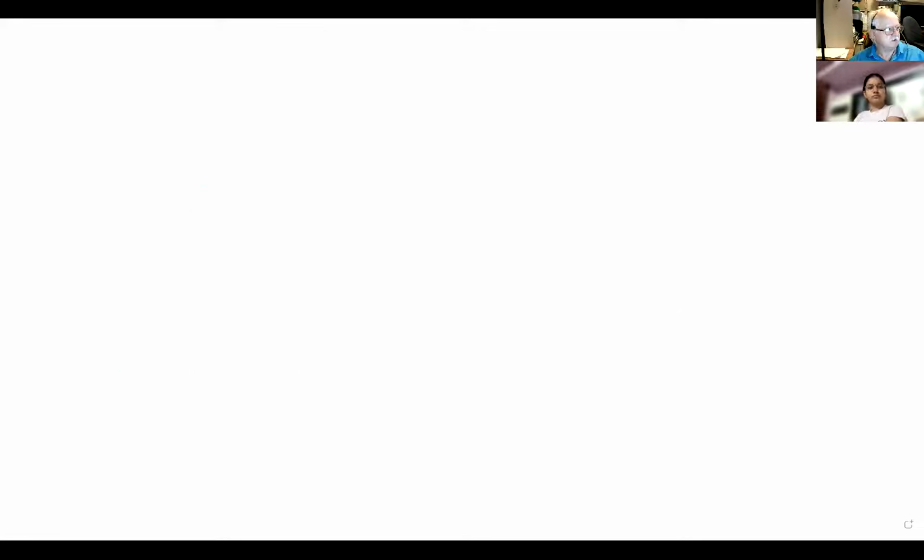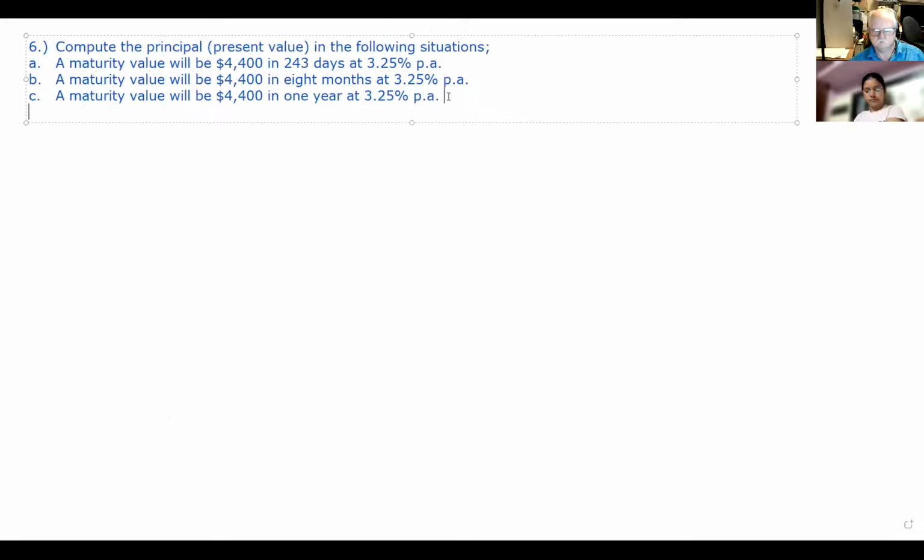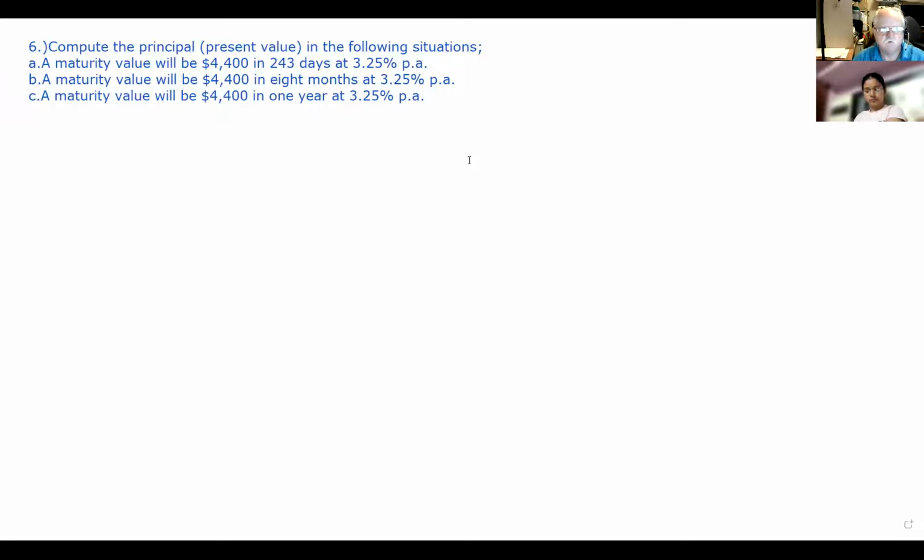Let's take a look at number 6 here. So they're saying a maturity value will be this much. So they're giving us the maturity value. What they've done here is they've taken this equation that we just generated.